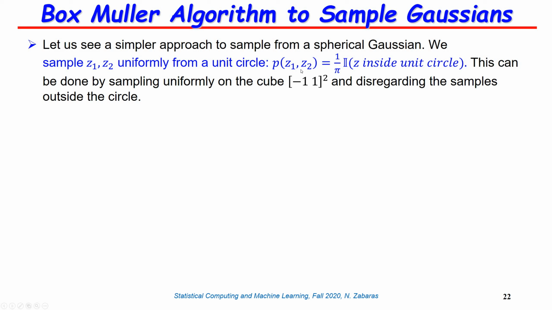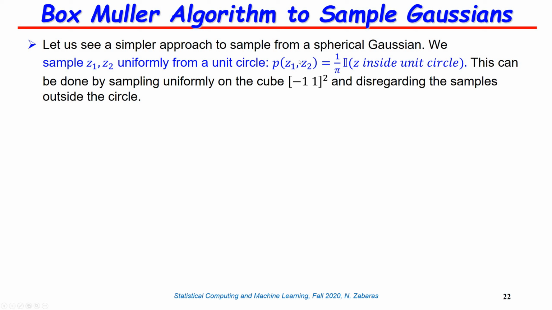You remember when we discussed the Monte Carlo experiments and how to sample uniformly on a circle. So the way we did it is, we consider the square where the circle is inside, right? And we sample uniformly the square, and then all the samples that were not in the circle, we got rid of them, we disregarded them.